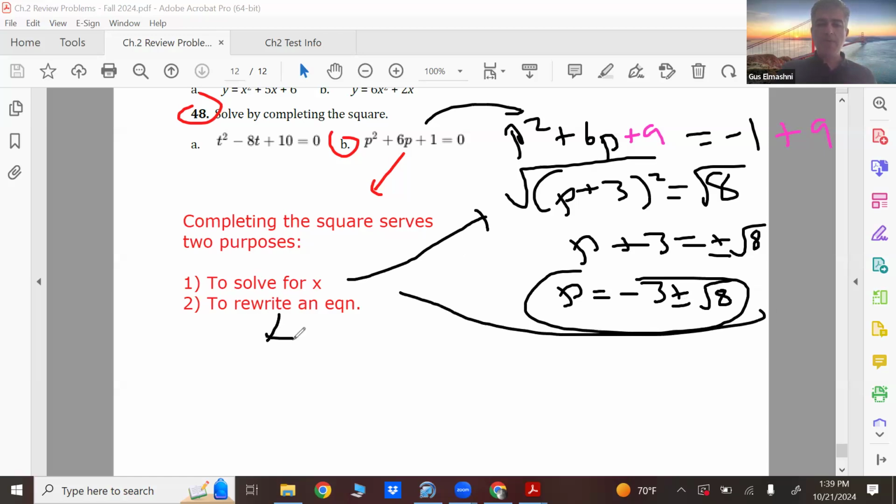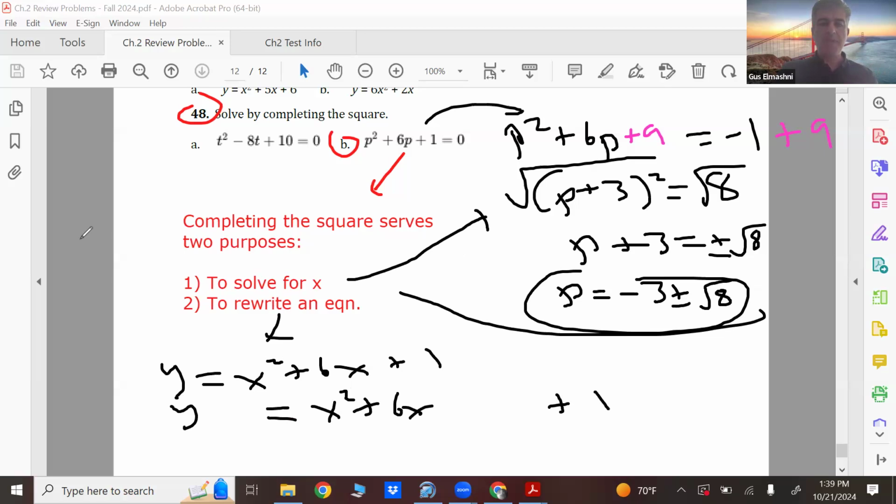If I want to rewrite the equation, I think of it like this: y equals x squared plus 6x plus 1. I would push the 1 off to the side. What's half of 6 squared? We know it's 9. But guess what? You have to add 9 to the other side as well, right? And if you continue the process, we factor. That's the whole point.